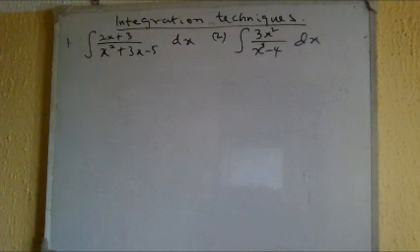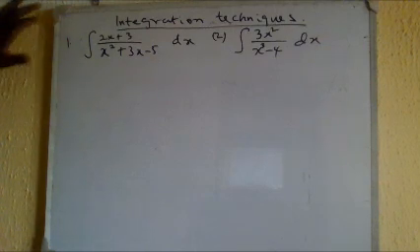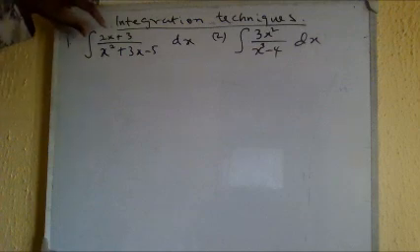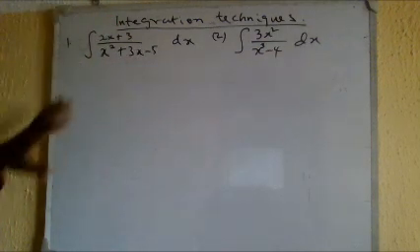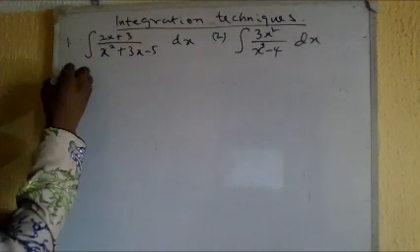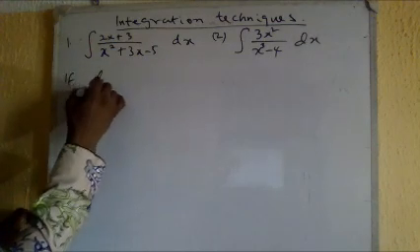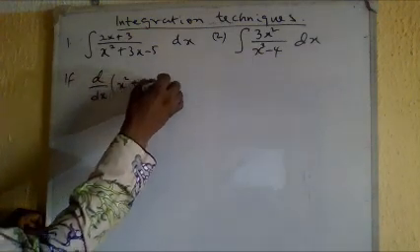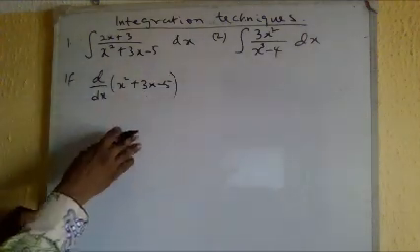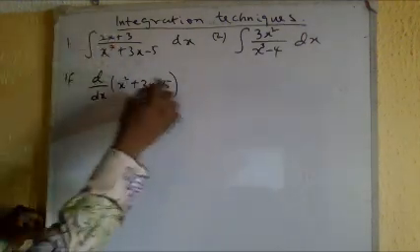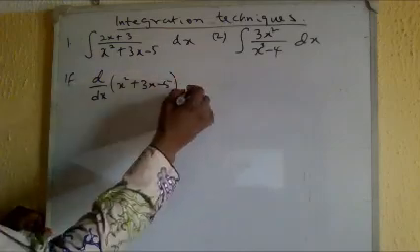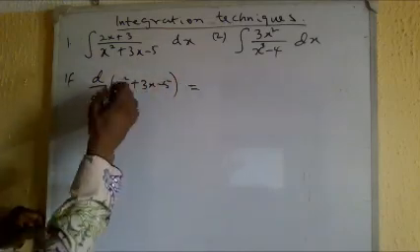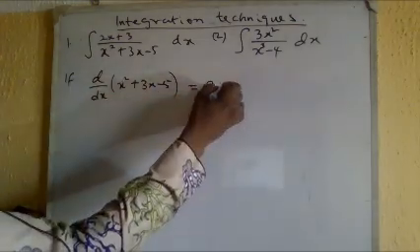Okay, so we have on the board two questions to integrate. For this first one, say we should integrate this function over this function dx. By inspection, if you differentiate the denominator, will you get the numerator? Let's see. This is the same thing as 2x plus 3. Why?